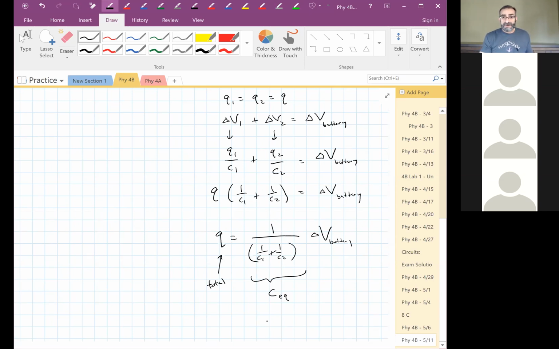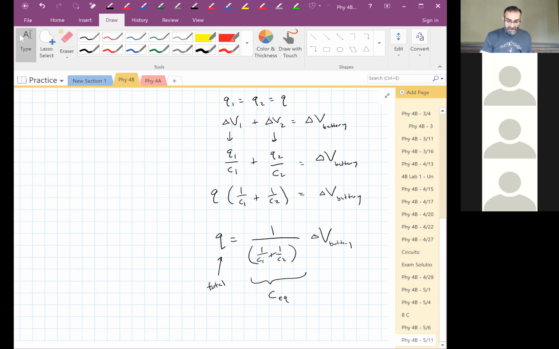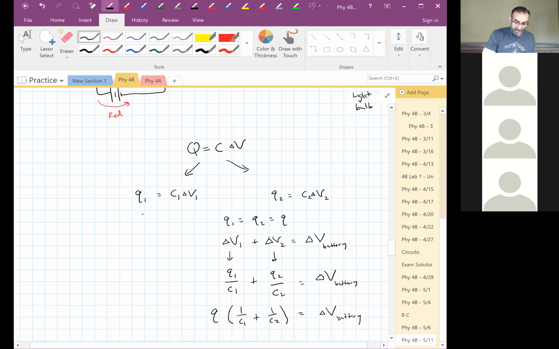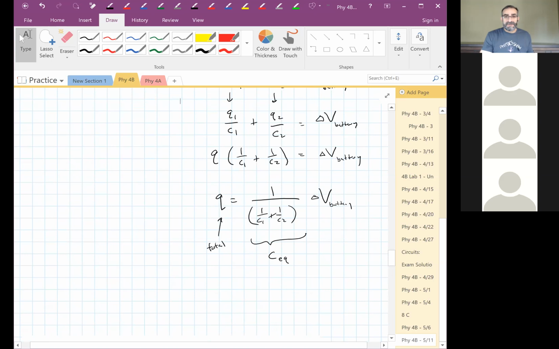You can do the same thing with series and parallel resistors. You can derive the R equivalent very simply by starting with the equations, right? So for a resistor, you would start with V equals IR. And then for a capacitor, you start with Q equals CV. Then you pick the formulas that are correct for whatever you're trying to prove, series or parallel. And then you make some substitutions, and you very quickly can get the equivalent resistance or equivalent capacitance. Okay, so let's practice a couple.